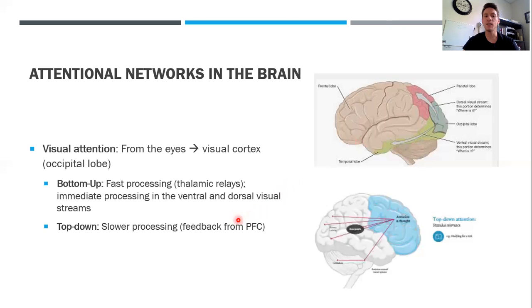Now, top-down attention, in addition to requiring parts of your visual cortex, making out where the item is and what the item is, is also recruiting your prefrontal cortex. So that would be the front part of your brain. And your prefrontal cortex is involved in higher order cognitive processes, things like thinking, working memory, judgments, decision-making.